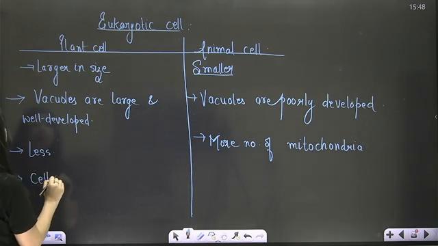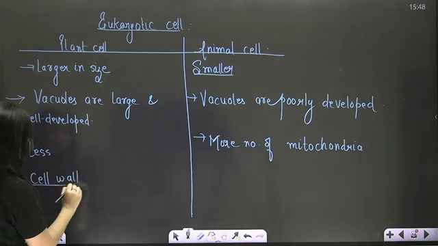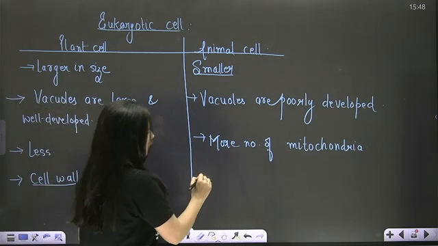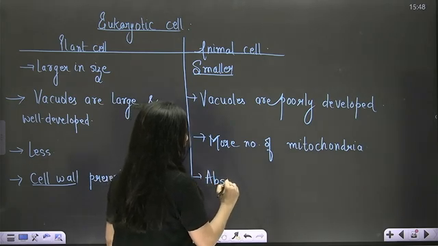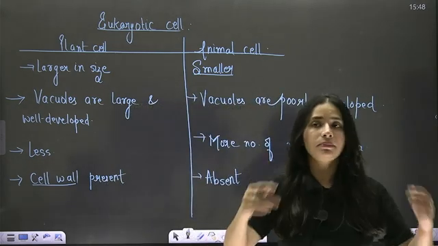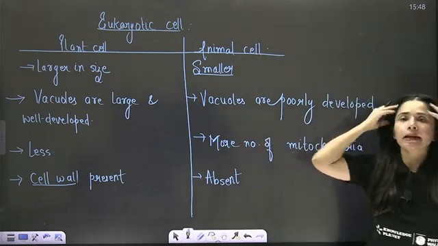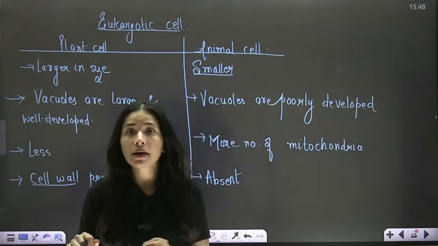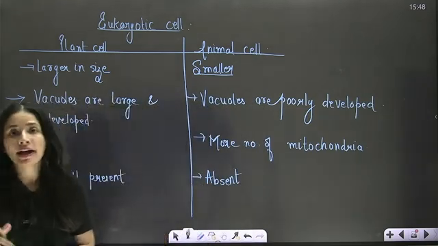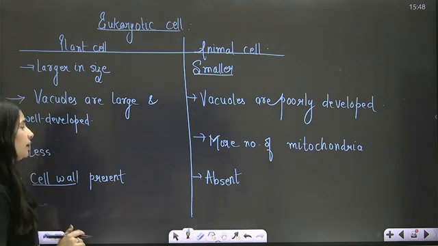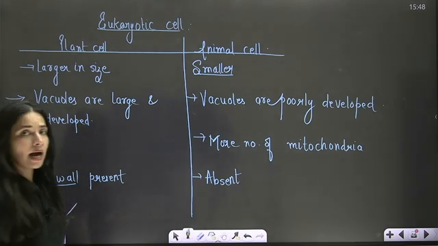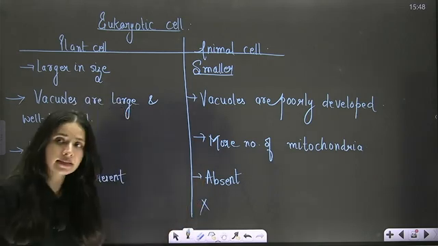Next, plant cells have a unique feature of cell wall being present, but the cell wall is absolutely absent when it comes to animal cell. Animal cells, in them, the only outer limiting layer is plasma membrane. They don't have cell wall. Correct? Next, there's one special cell organelle called plastids, which are found in plant cell but absent in animal cell.